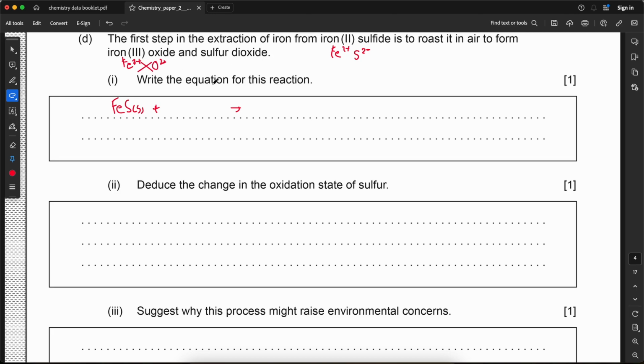So crisscross, it will be Fe2O3 plus sulfur dioxide. To roast it in air, it means it must react with some gases in air. But when you see here, it's oxygen. Therefore, the gas in the air is oxygen. So you just need to balance them.